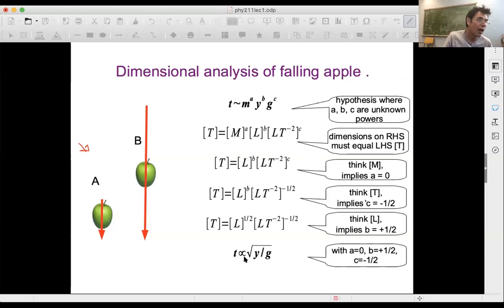And so that's a really, really powerful example, a really, really important example of dimensional analysis.